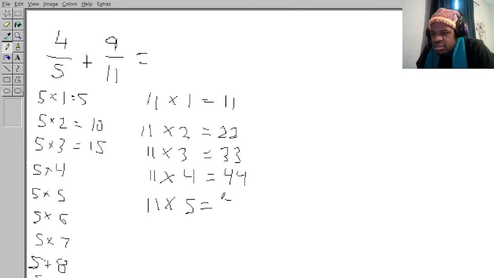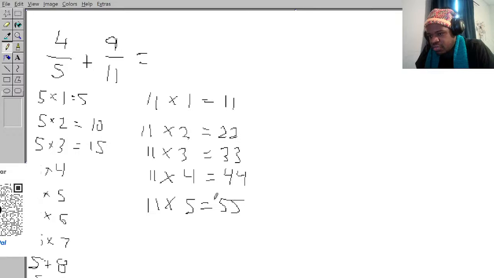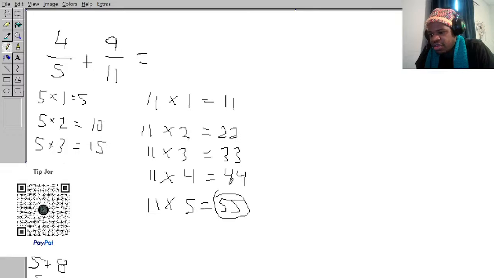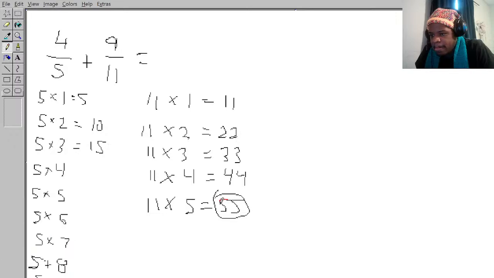So we had to go through 11 fives and 1, 2, 3, 4, 5 11s to find the least common multiple, which in this case is 55. So we found 55. We're going to actually color in 55 just to show you guys how important it is. So what's your least common multiple?